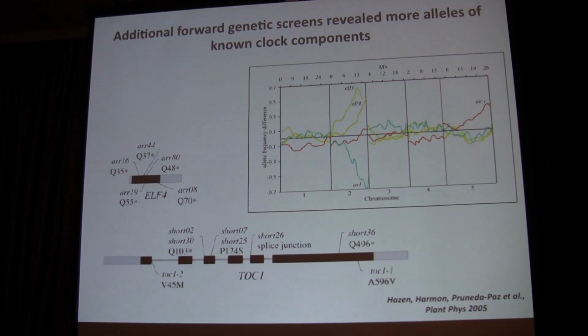What we found is that all those mutations were in already known clock components. We identified a number of new alleles of already known clock components. So this was indicating that very likely these forward genetic screens were reaching saturation, at least in the way we were doing them.